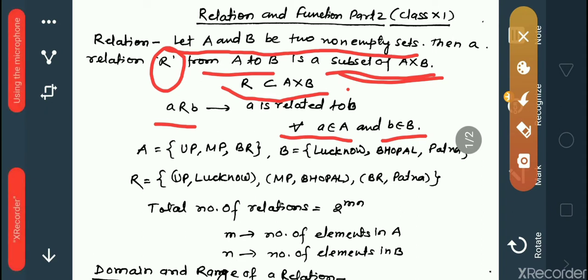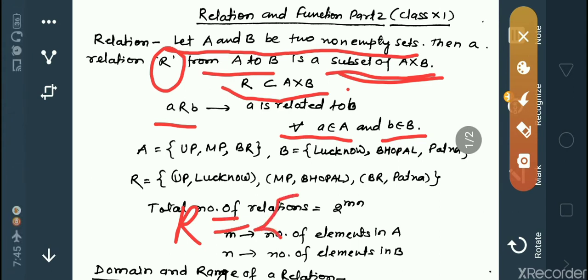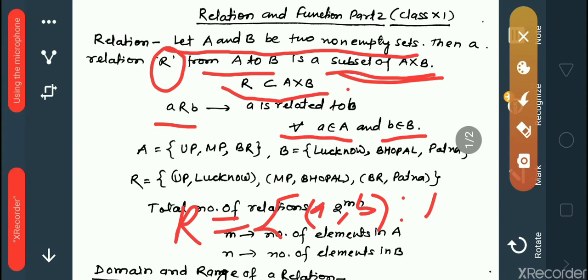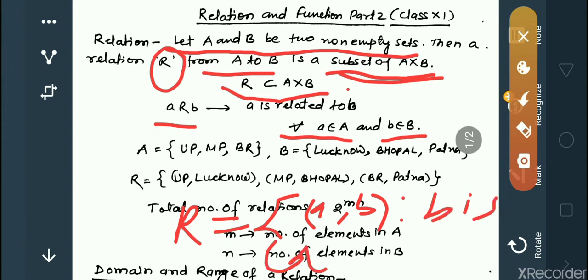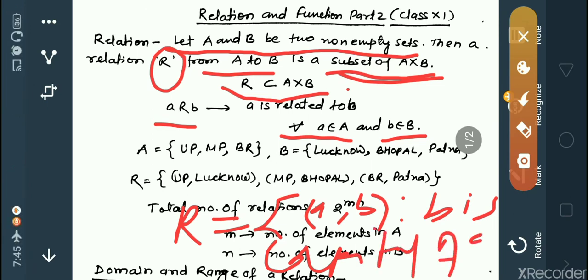Now define R. Here R is defined as b is the capital of a, meaning R is defined like this: (a, b) such that b is the capital of a. Okay, I think you got it.